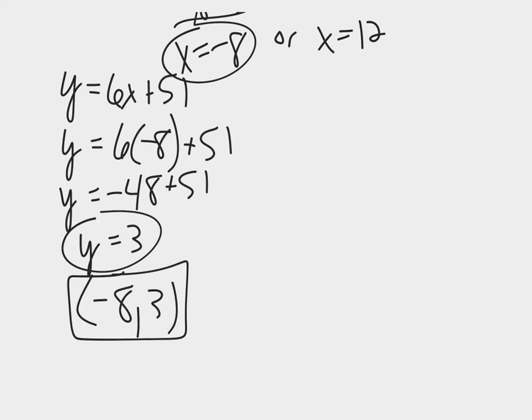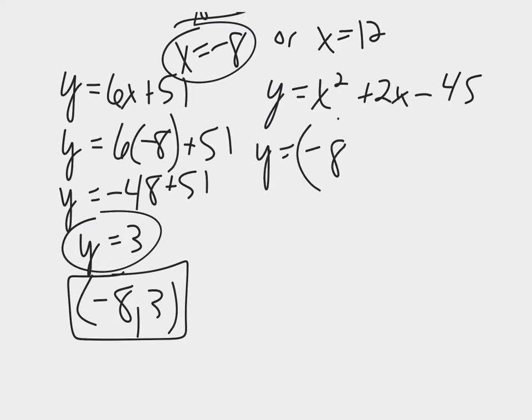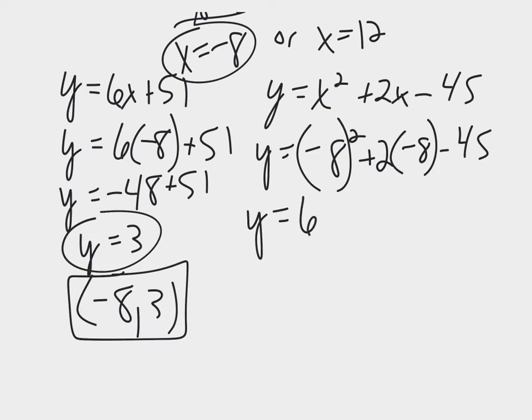And I know I've been kind of working around this, but if I was doing this on a test, I would for sure substitute it into the other one and make sure I'm getting the same answer. Now remember, negative 8 needs to be in parentheses when we're squaring that. And like I said, I wouldn't even touch the calculator for this part, at least at the beginning. Negative 8 squared, negative 8 times negative 8, is a positive 64.